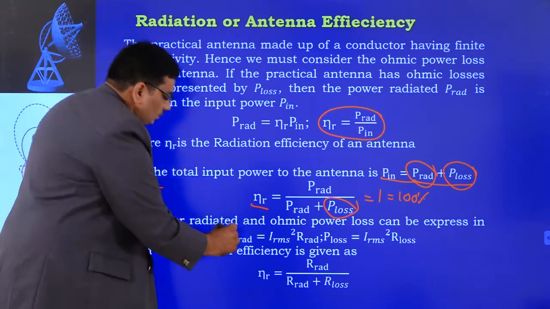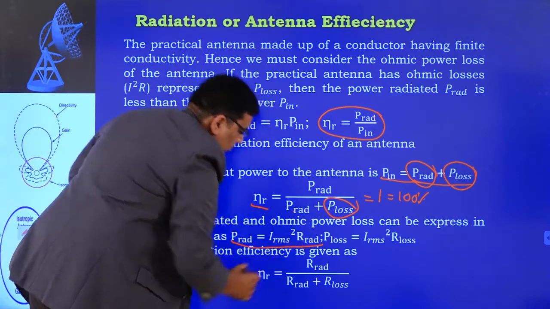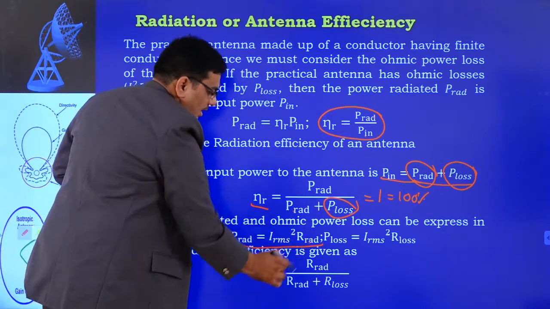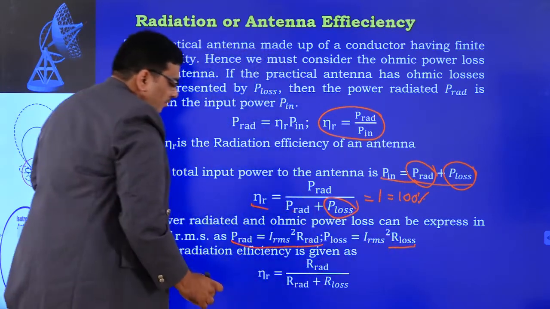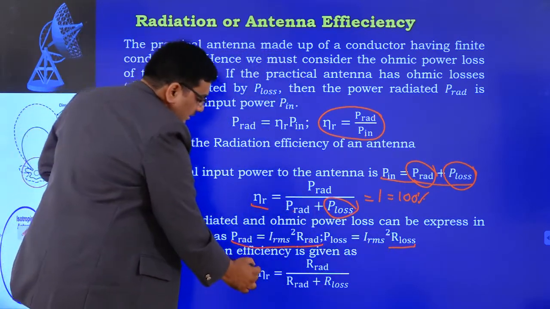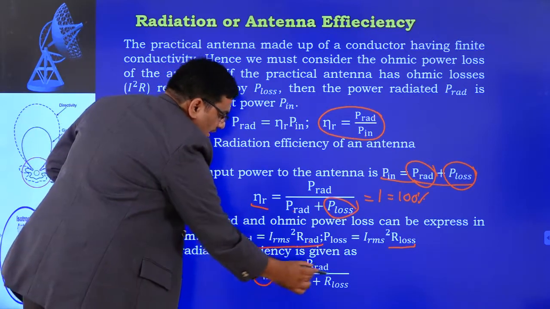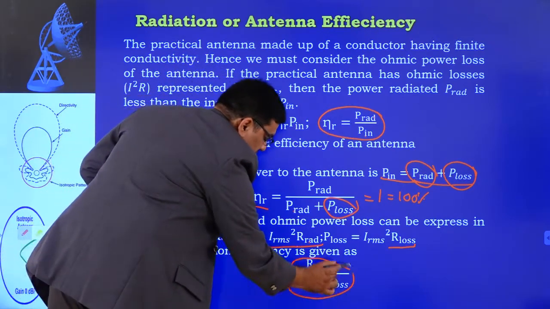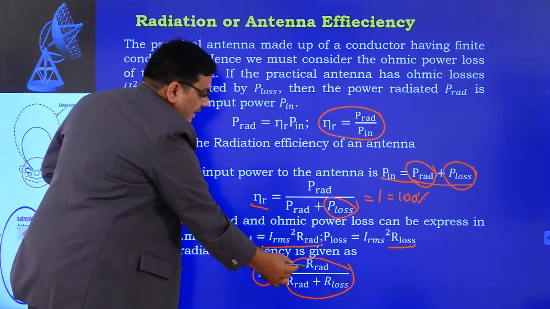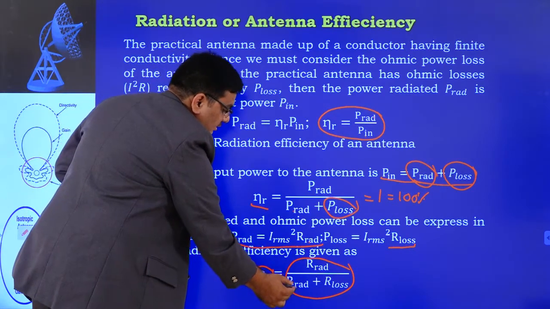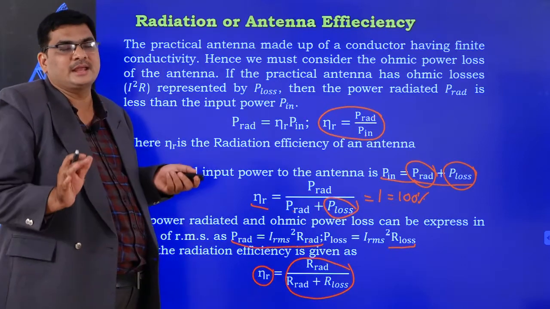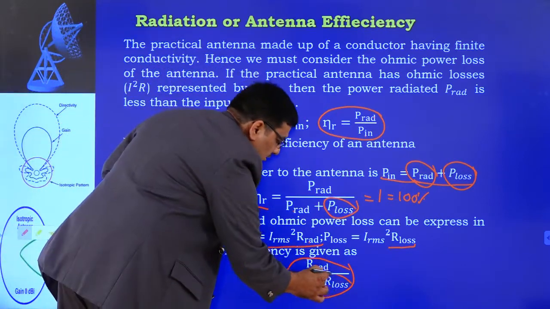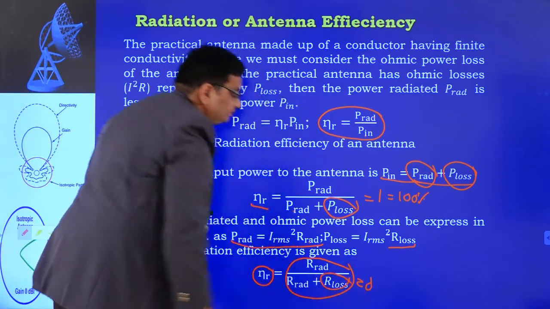We know that radiated power is I square RMS into R rad, and loss power is I square RMS into R loss. From these two formulas, the radiation efficiency in terms of resistance is the radiation resistance by radiation resistance plus loss resistance. For an ideal antenna, this loss resistance is equal to 0.